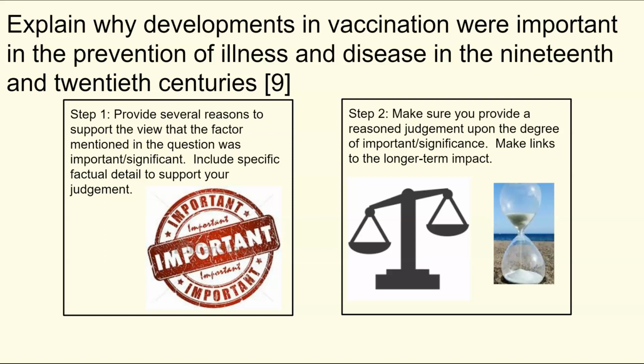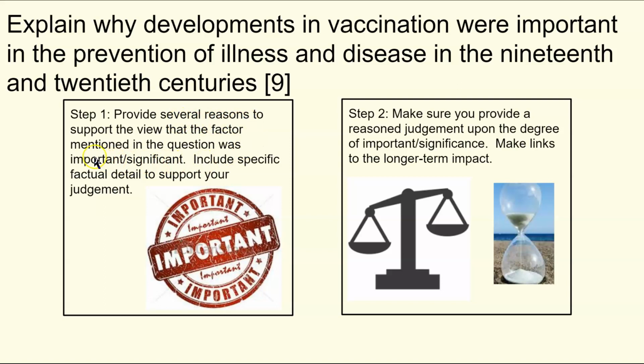In terms of paragraph 1 or step 1, we've got to be able to provide several reasons to support the view that the factor mentioned in the question was important or significant. So really here we're developing this answer, we're developing several points. So it's not enough just to write 1 or 2 reasons. That's one of the first really important things that we must remember.